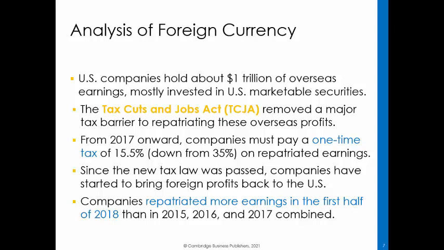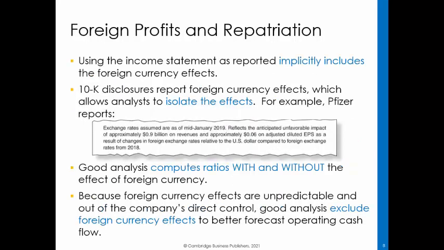Since the new tax law was passed, many companies have started to bring foreign profits back to the U.S. One study found that companies repatriated more earnings in the first 6 months of 2018 than in all of 2015 to 2017 combined. Companies frequently provide guidance for analysts to forecast future income statements, including guidance relating to foreign currency effects.